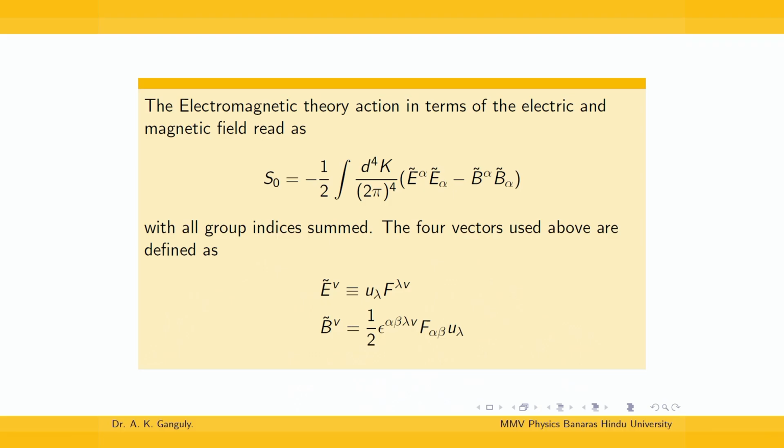So, we use a trick, and that trick is to multiply the electromagnetic field tensor F mu nu by u. Here we have taken u lambda with F lambda nu, and for the magnetic field we multiply by u lambda, 1 over 2 epsilon alpha beta lambda nu times F alpha beta, that is written on the bottom line.